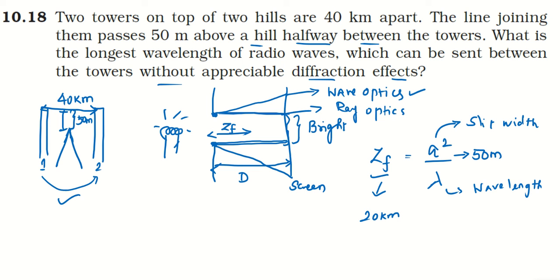Okay, got it. So with that we can calculate lambda. Lambda equals a squared, that is 50 squared, divided by ZF, which is 20 kilometers, so 20 into 1000 meters. So you can calculate lambda with that, in terms of meters.